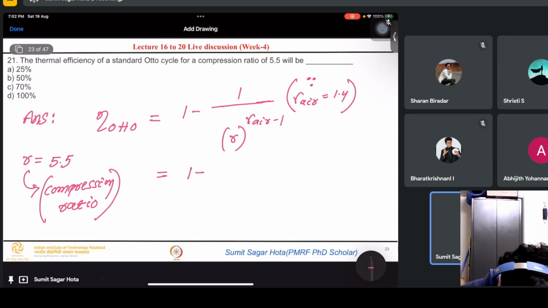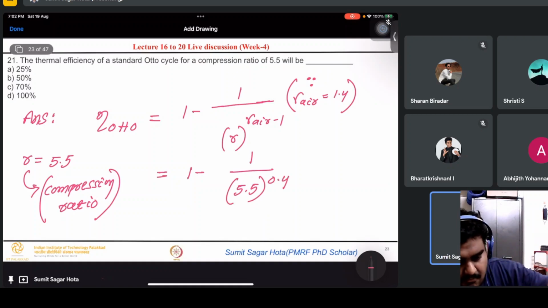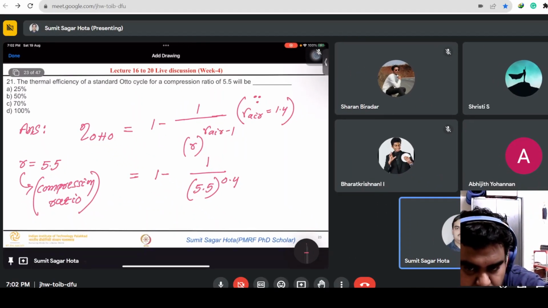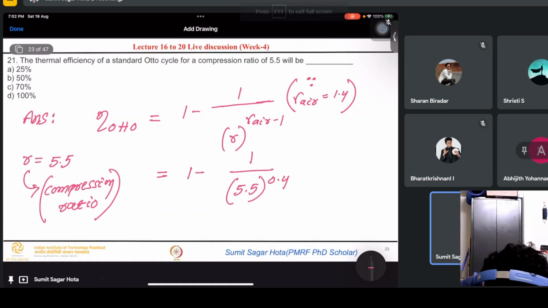Equal to 1 minus 1 by 5.5 to the power 0.4. By solving you get 0.4943, that is 49.43%.